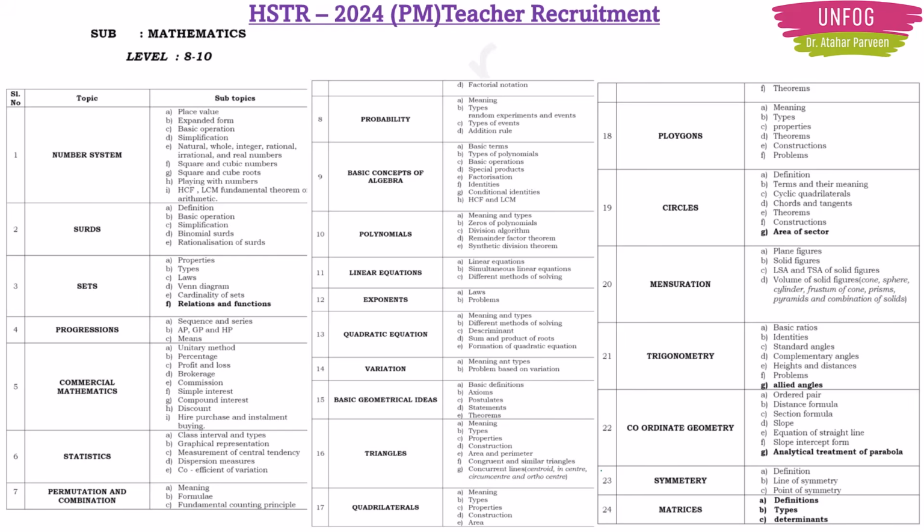So on this note, let us have a glance at the syllabus. This is the 2015 HSTR syllabus, and I believe this syllabus will not change because there is not much scope for it to change. If they add something to this syllabus, it will go to the PUC level teacher recruitment exam. If they reduce the syllabus, it will go to the GPSTR level, that is, the primary level teacher exam.